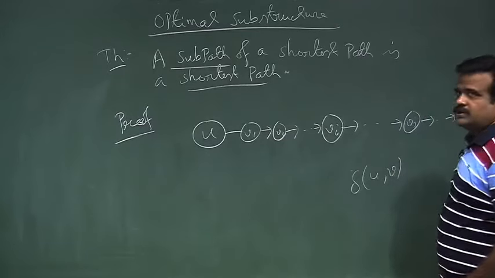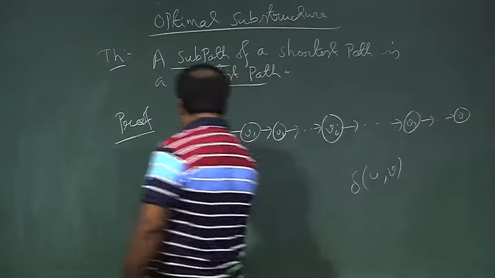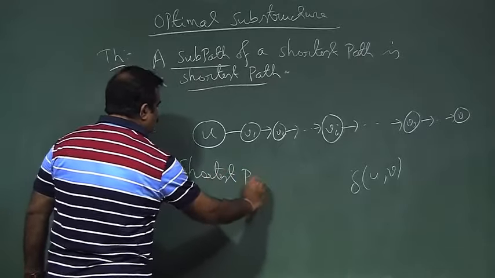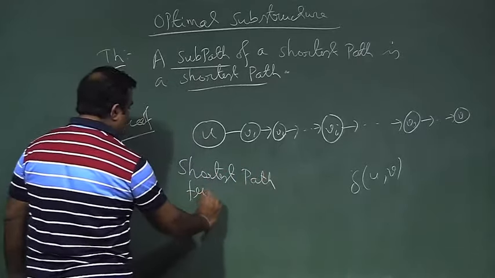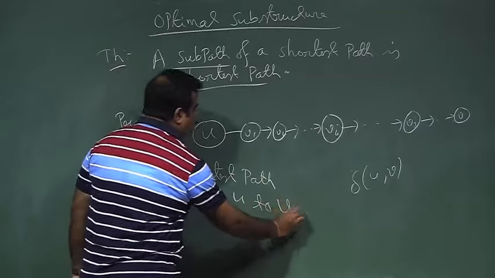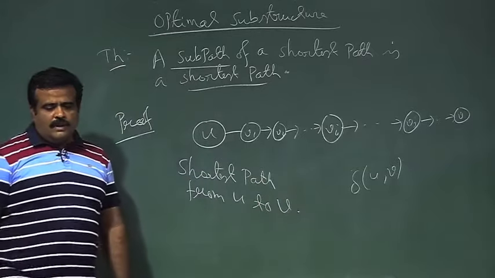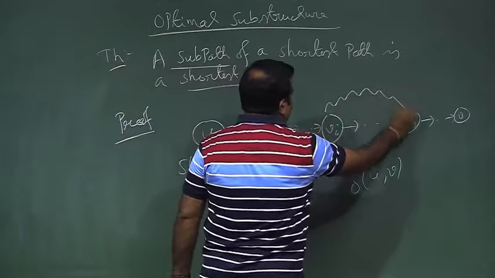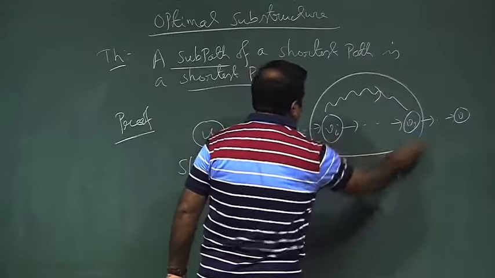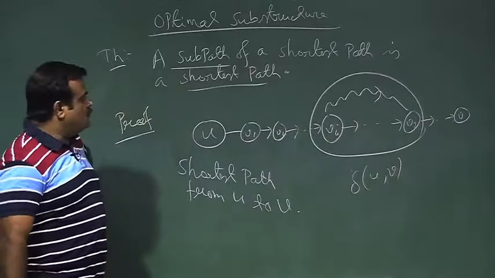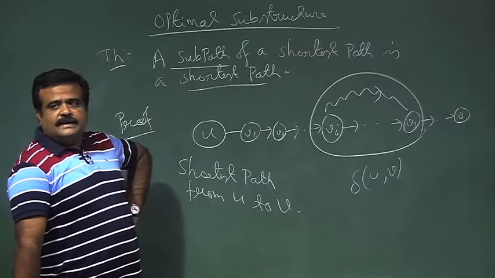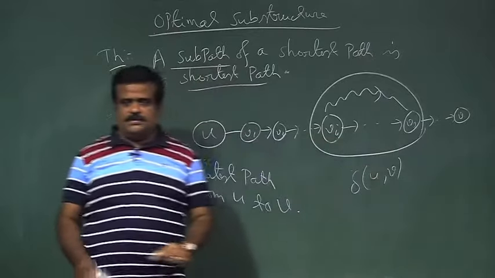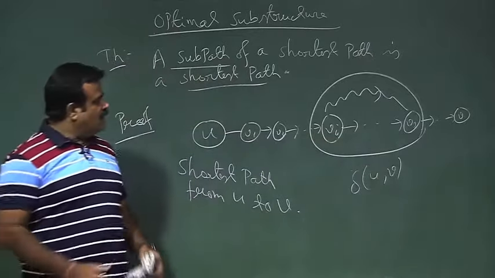This is the weight of the shortest path from U to V. Now if you take a subpath, just this path, V1 to Vi to Vj, we have to prove that this will be the shortest path from Vi to Vj. That is the optimal substructure.